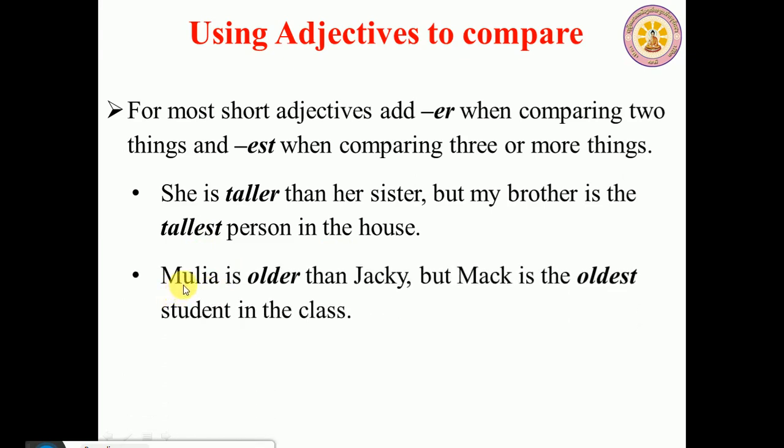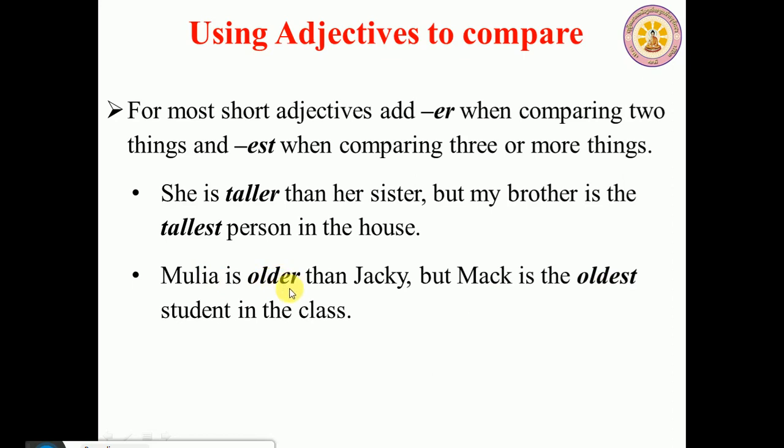One more: Maria is older than Jackie, but Jackie is the oldest student in the class. If we compare Maria and Jackie, Maria is older than Jackie. But if we compare Jackie with the rest of the students in the class, Jackie is the oldest, so we use the superlative degree.